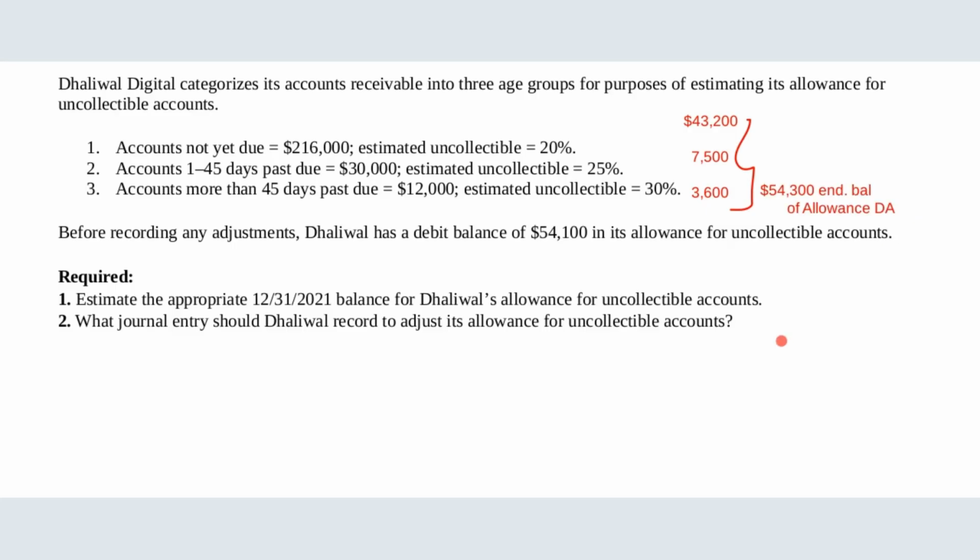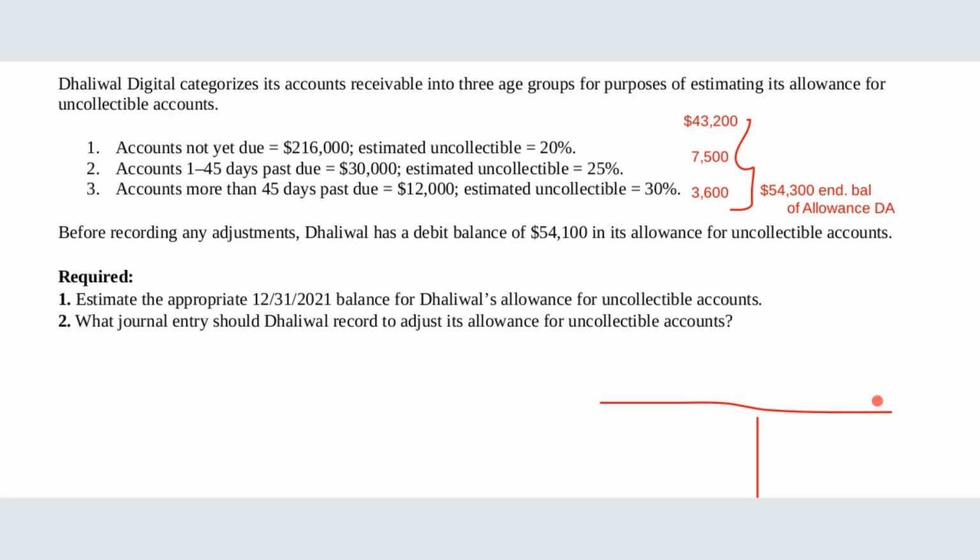For doubtful accounts, all right? And so we know that we have a debit balance. Again, this is kind of similar to the refund liability. The allowance for doubtful accounts has a normal balance of credit, but is listed under assets.